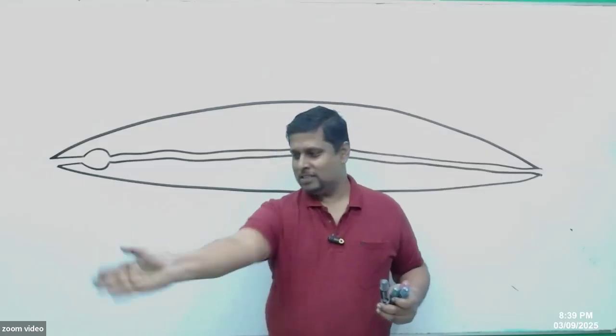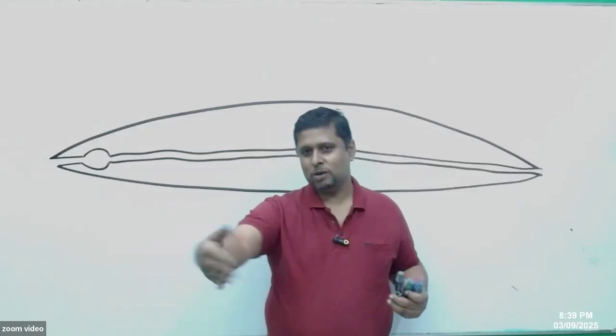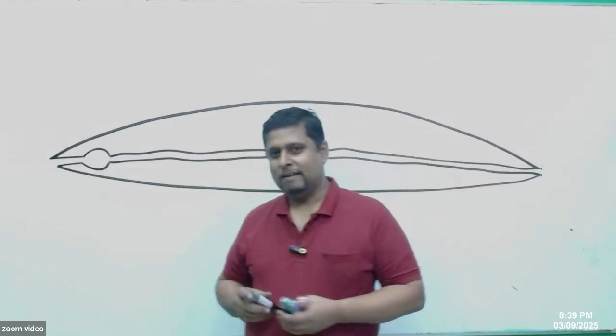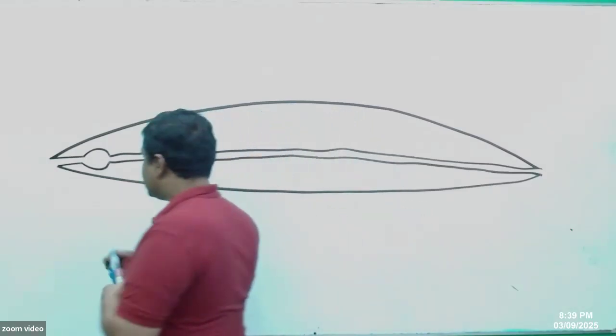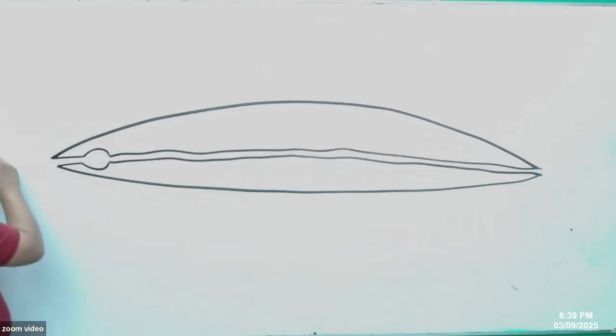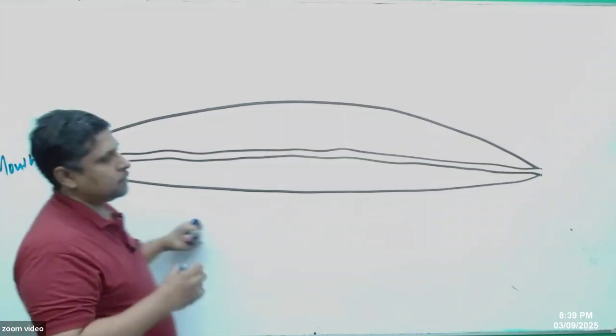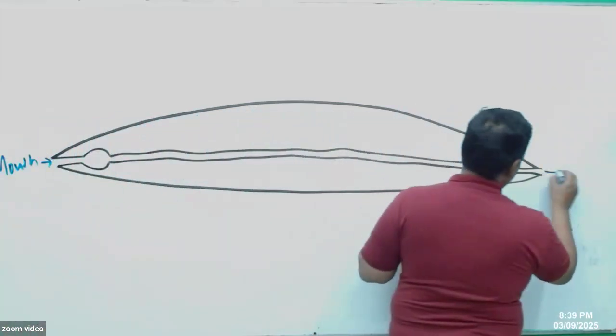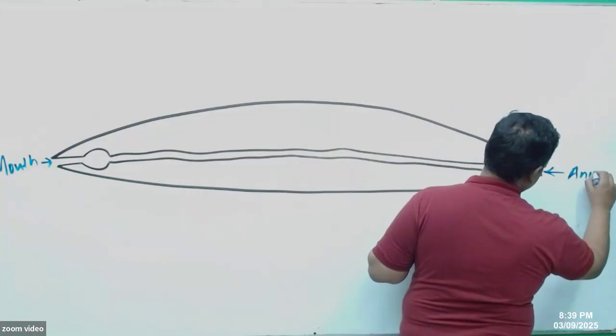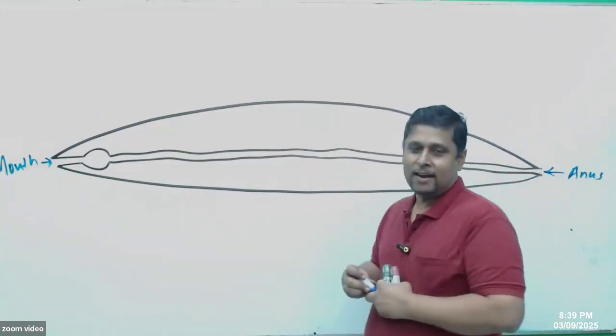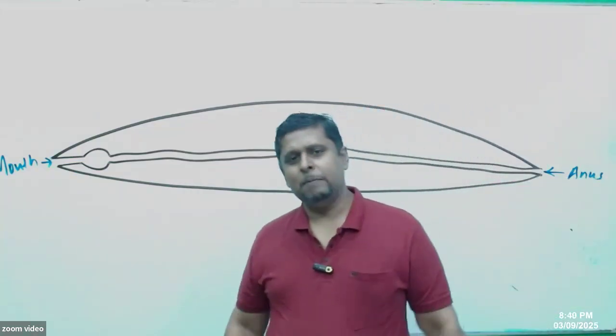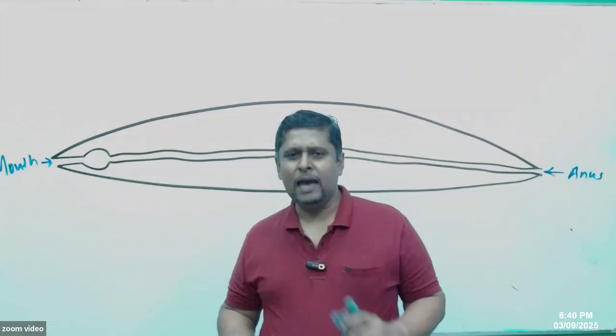Very simple movements they show. So mouth and anus present. This is mouth. And this is anus.